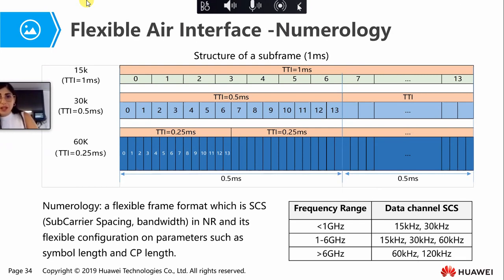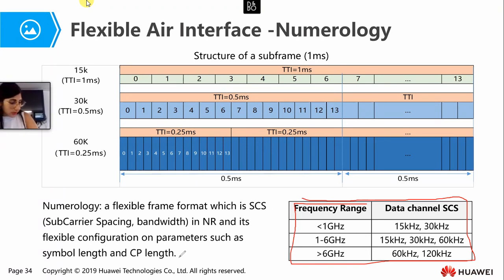Also in here, there is an indication about the sub-carrier spacing. So in the numerology, we can define the sub-carrier spacing and also the cyclic prefix length. I'm going to describe the frame structure by using the whiteboard, so I will change the screen again.